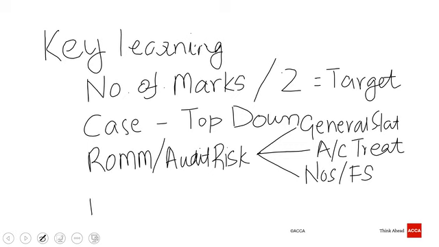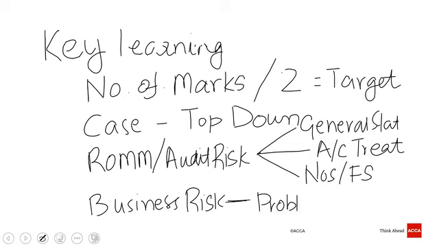Secondly, if you're attempting a question on business risk, you still need to be top down. And when you're attempting a question on business risk, be assured that you need to find a problem from a case, a problem which you think can impact the business. If you find a problem from the case which you think can have a negative impact on the business, then you need to put up the impact of the business risk on the business.